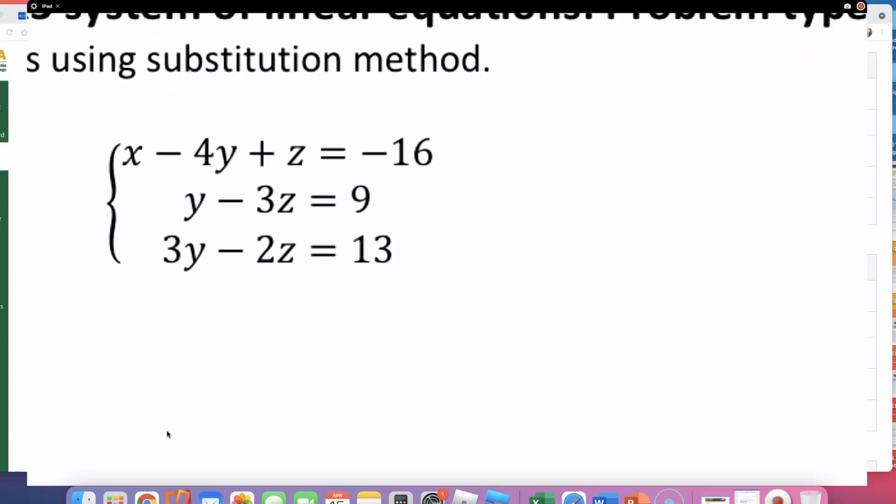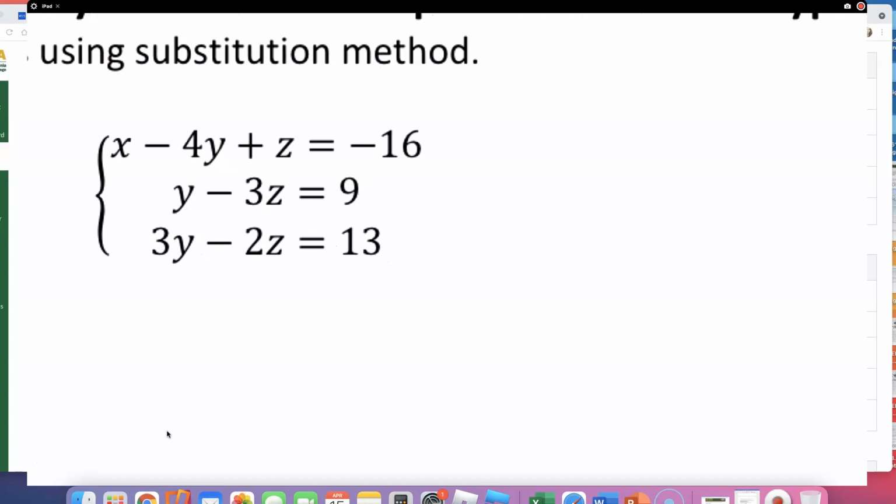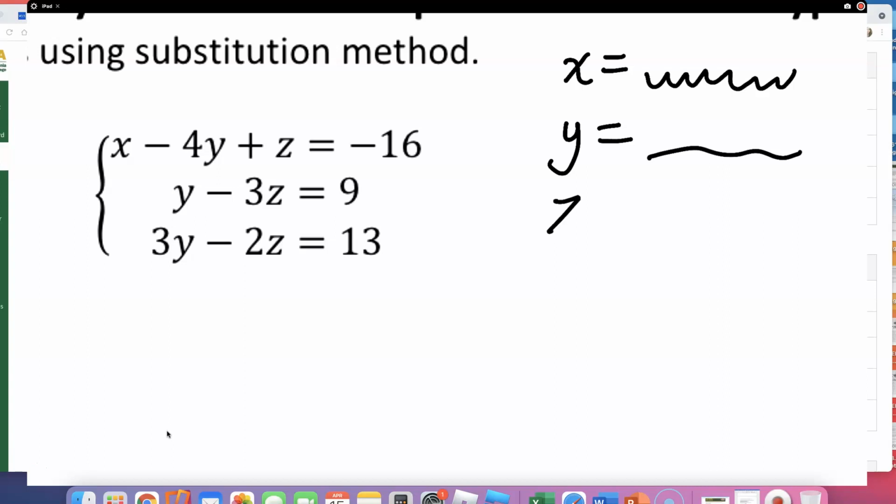It's called the substitution method. What I will do is solve one of these 3 equations for one letter. Either I want x equals whatever's on the right side, or y equals something else, or z equals something else.